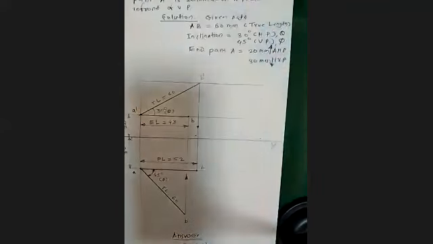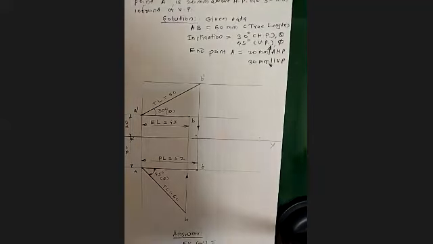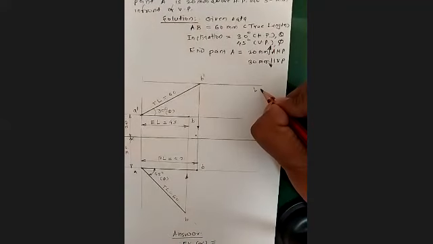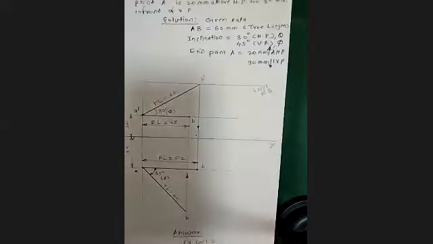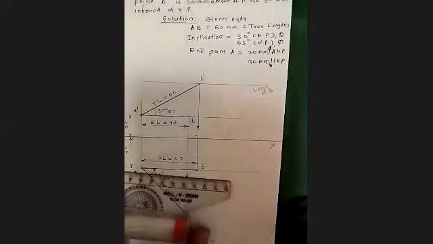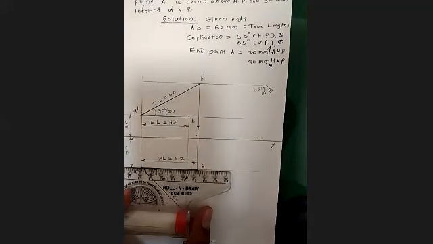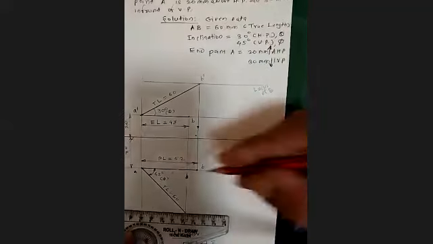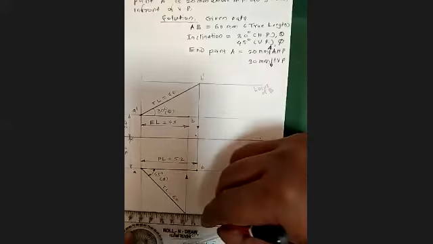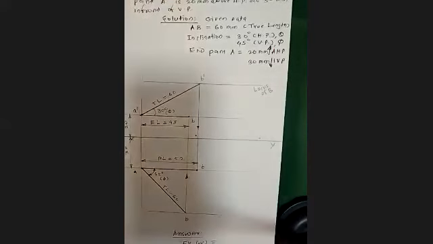It doesn't mean that you will be touching here or not. And this line is nothing but the locus of B, locus of point B. Similarly, you should take the locus of point B through this point in the top view as well. So this line is nothing but the locus of B.